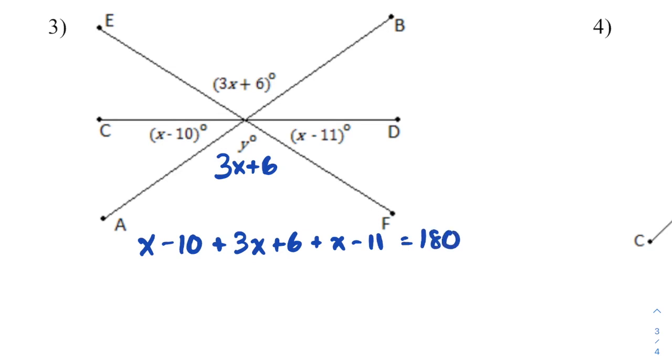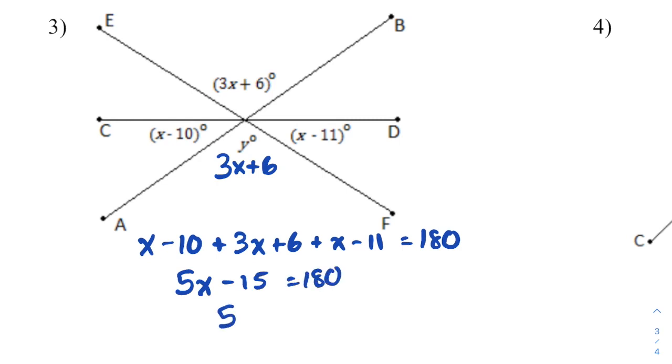Combine like terms. Those three combine to give us 5x, and negative 10, 6, and negative 11 combine for negative 15, and that equals 180.